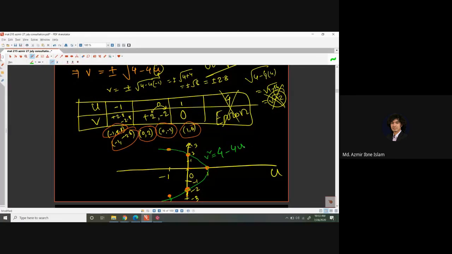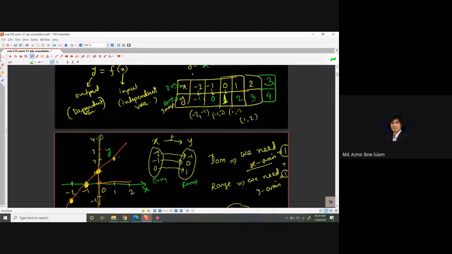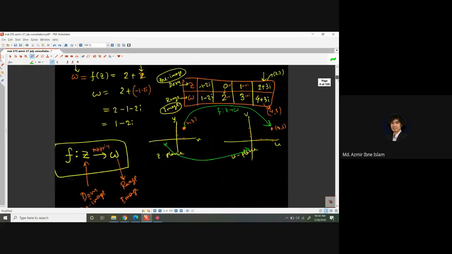So analytically, by free hand, we can draw the graph by using this tabular concept. We must have some points, then we can join all the points so that we have the graph. At the very beginning of this session, I used the same concept for a real valued function. I took some values of x, then we got y, then we had the points, we located the points, joined them, and got the figure.